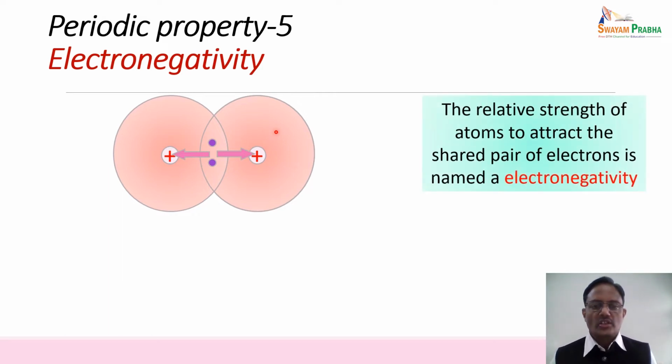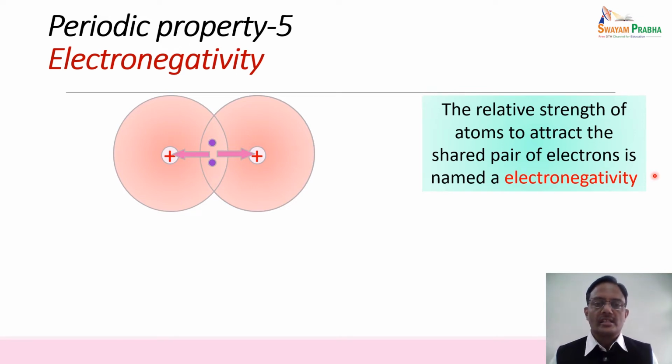The force of attraction between this electron pair and the nuclei is expressed in terms of electronegativity, and this word electronegativity is defined as the relative strength of the atoms to attract the shared pair of electrons. Now this is definitely different from the electron gain enthalpy.